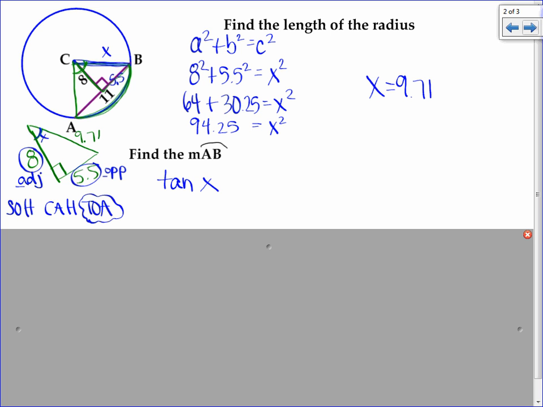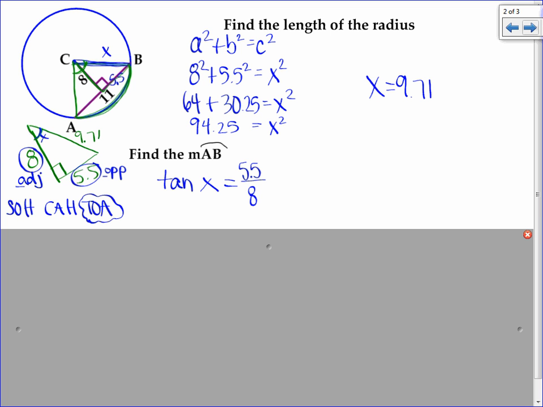Now tangent, the really nice thing about SOHCAHTOA, remember, is that it tells you what order to put your fraction in. It says TOA, so we're going to do opposite over adjacent. So that would be 5.5 over 8. Now normally with SOHCAHTOA, we automatically just start multiplying both sides by whatever's in the denominator.